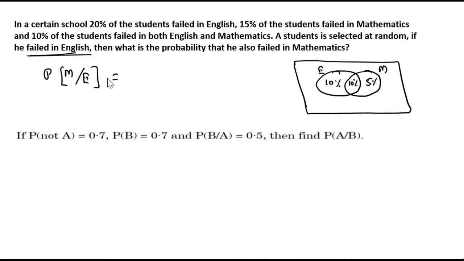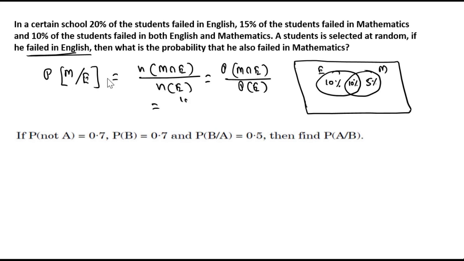So here we know that n of M intersection E divided by n of E, that is probability of M intersection E divided by probability of E. That is equal to 10% divided by probability of E, which is 20%. So this is 10 by 20, so it's 1 by 2.